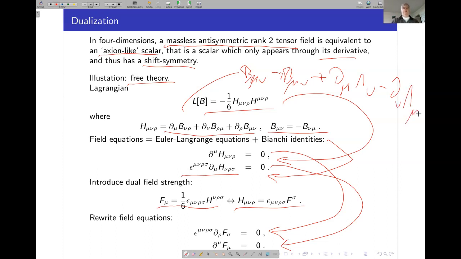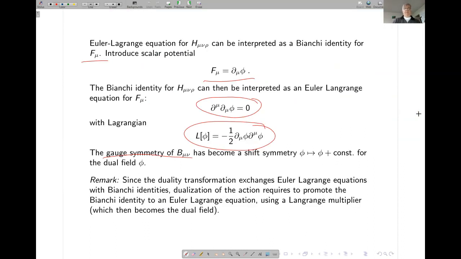This is what, sorry, I didn't write it explicitly. This is what I mean by the gauge invariance that this field B has. And if you make this transformation, the field strength H does not change. And then a natural question is, what does this gauge symmetry of the B field translate into? And it translates into a shift symmetry for the scalar field phi. And therefore, this is called an axion, or an axion-like scalar field.